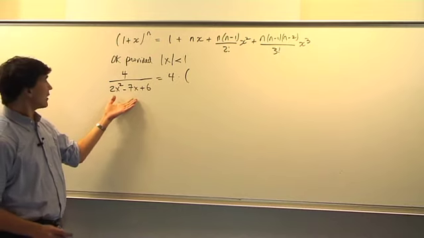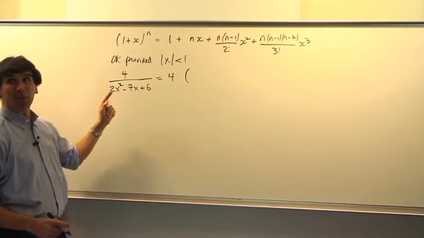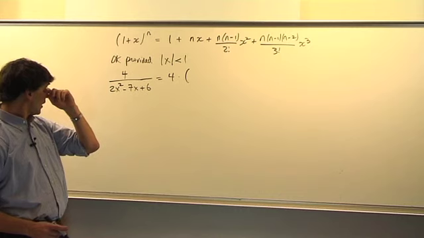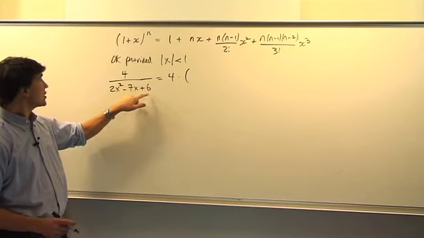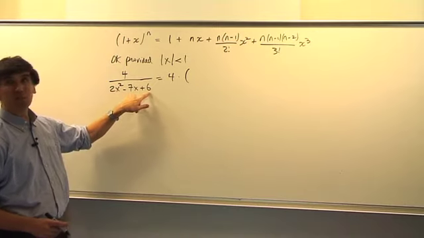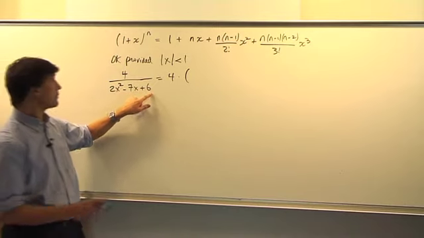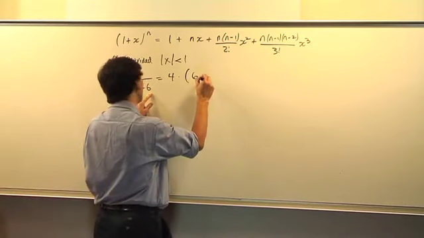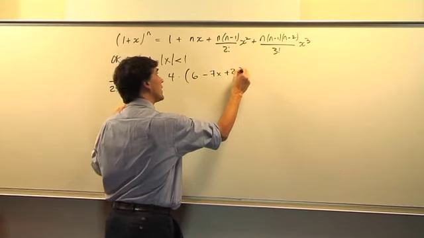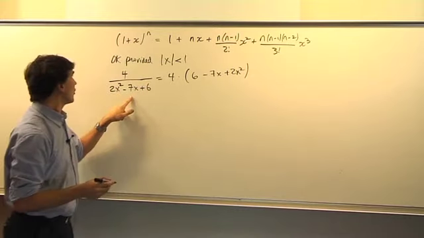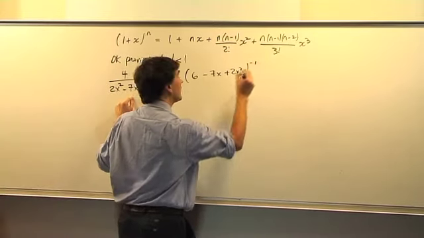Now, if x is 0, then we just have 4 divided by 6. So we're looking for x rather close to 0. So I'm going to change the order here because really it's the 6 that's the most important part of this thing here, if x is small, and 6 minus 7x plus 2x squared, all to the power of minus 1 here.